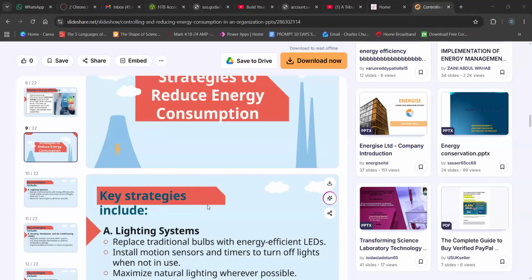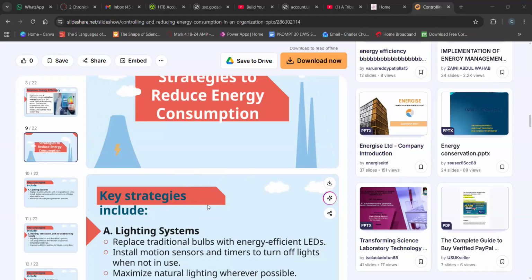So remember, anytime we talk about energy efficiency, what are we saying? Using the lowest amount of energy to produce a higher, better result. That's the whole idea.